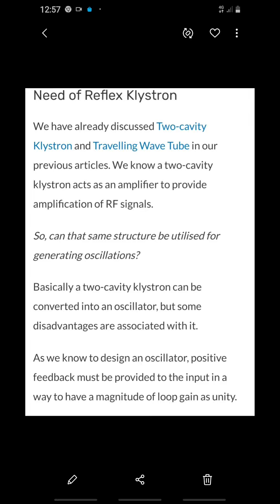As we know, to design an oscillator, positive feedback must be provided to the input in a way to have a magnitude of loop gain as unity.